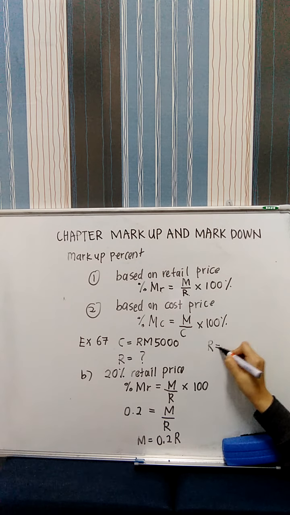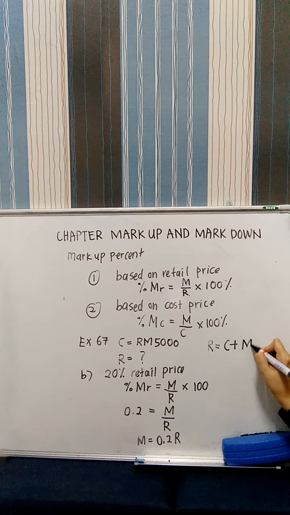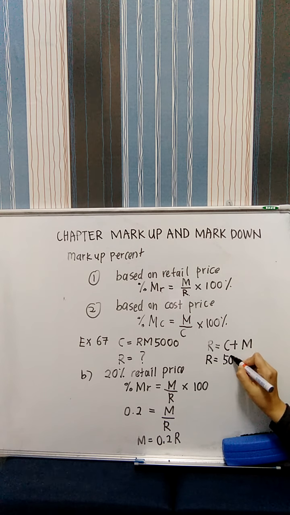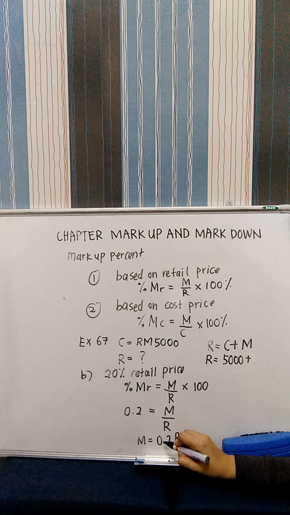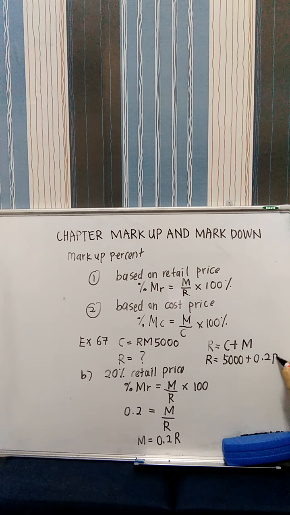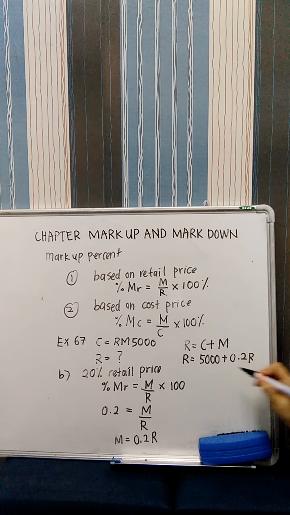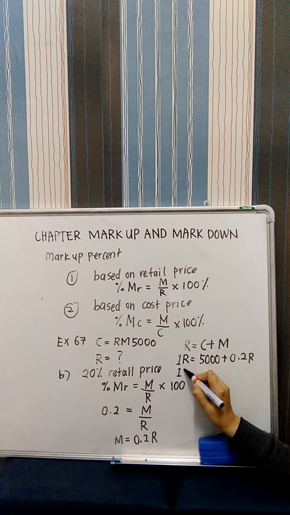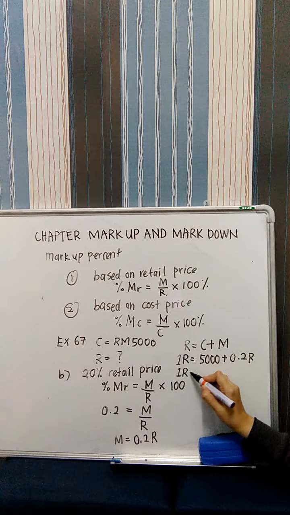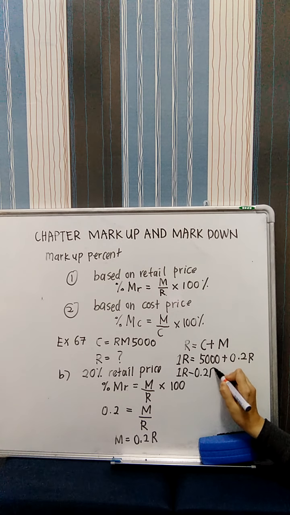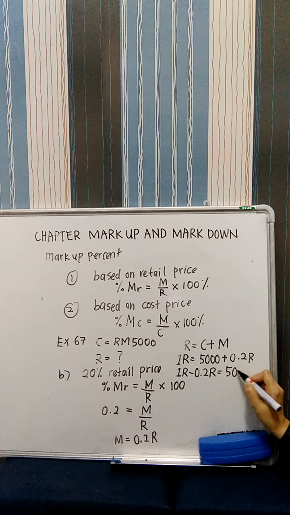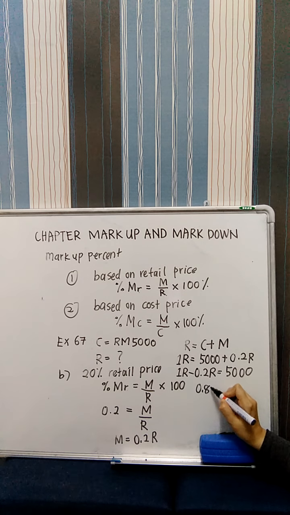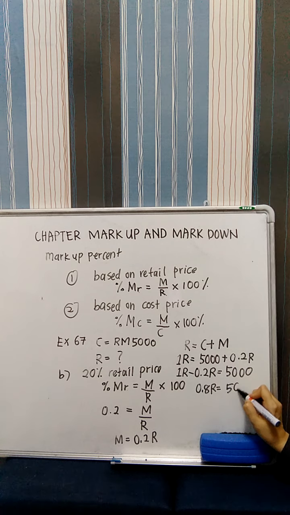So R equal to C plus M. R equal to C, which is 5,000, plus M. M here is 0.2 R. Now we need to find the value of R. R here is 1 R. So 1 R, the 0.2 R you change to the left as minus 0.2 R, equal to 5,000. 1 minus 0.2 R is 0.8 R equal to 5,000.